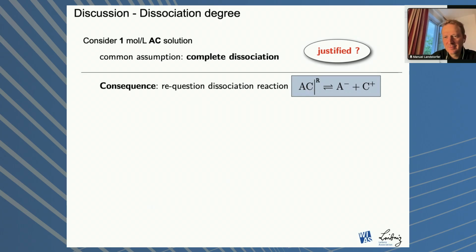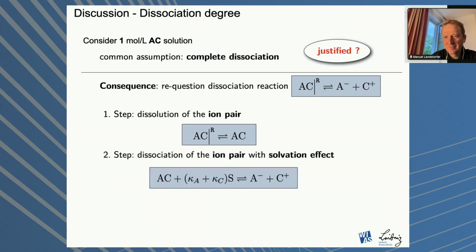The way to do this is to rethink what is actually happening when you put a salt into water. AC(s), that's the bare salt, the solid, and you put this into water. Then it first dissolves as an ion pair AC into solution, and in a second step, it takes over kappa A plus kappa C solvent molecules in order to form a solvated anion, A minus, and a solvated cation, C plus.